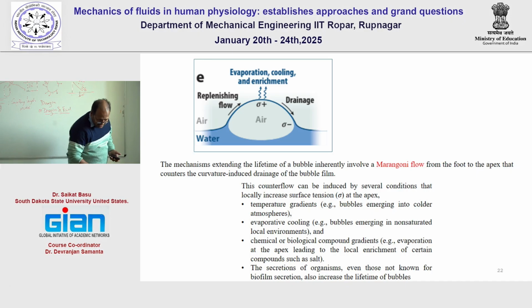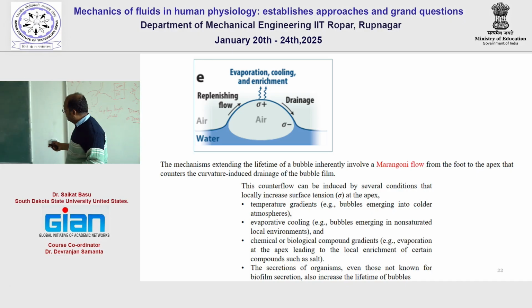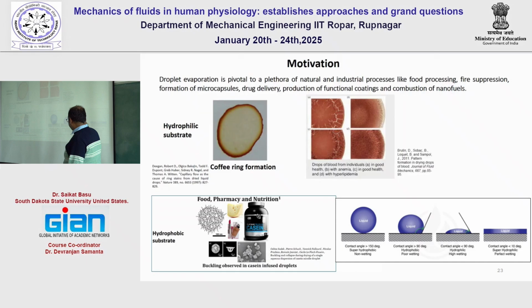Next are some general slides I made long before. These are other motivations for studying evaporation. This can range from a healthy individual to a person who is sick. If we study the drying pattern of evaporating blood droplets, I'm not going into the details, but the drying pattern of a healthy individual and a sick individual, for instance someone suffering from some blood-related disease, will be different.